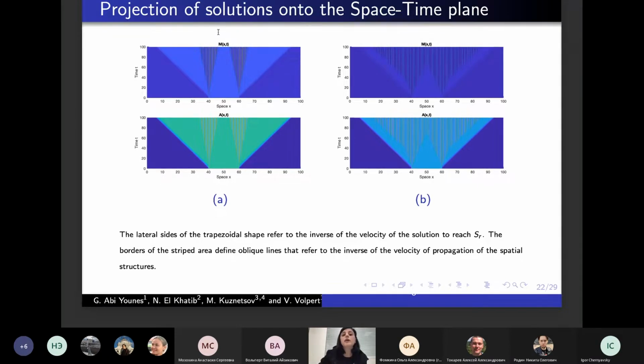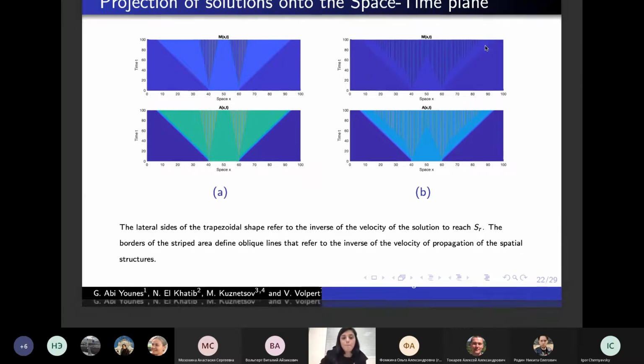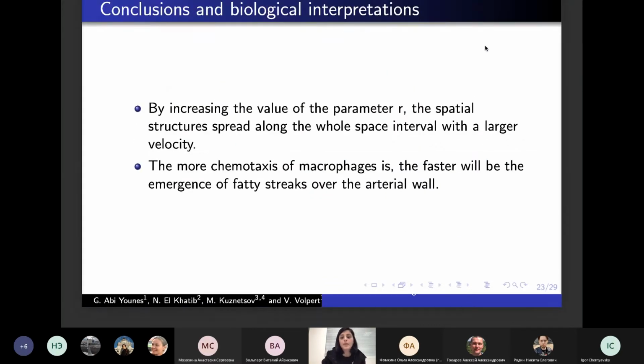However, the velocity of the propagation of the spatial structures becomes bigger. So the more chemotaxis of macrophages there is, the faster will be the emergence of fatty streaks over the arterial wall.